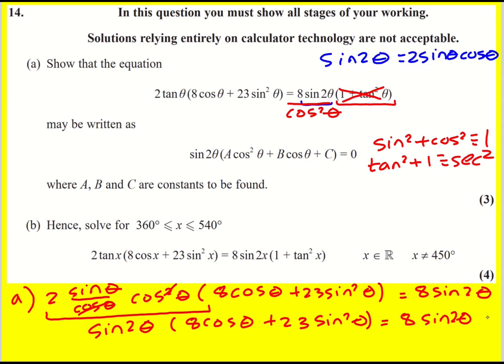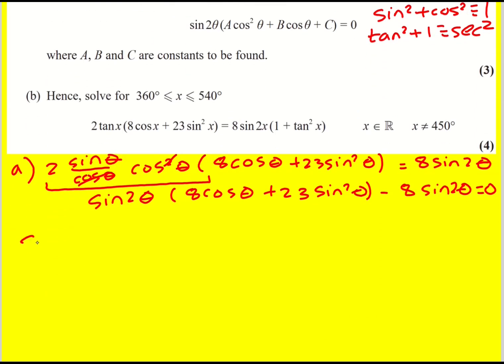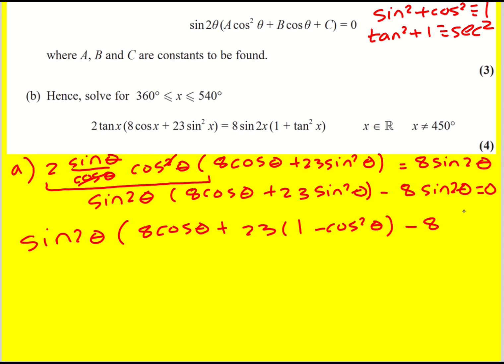In fact, I can minus that 8 sine 2 theta from both sides now. And then completely factorize it. So sine 2 theta, 8 cos theta plus. Now, I've got a sine squared still, so I'm going to replace that by 1 minus cos squared. And inside the bracket, I'm also going to minus 8 to account for this term here.